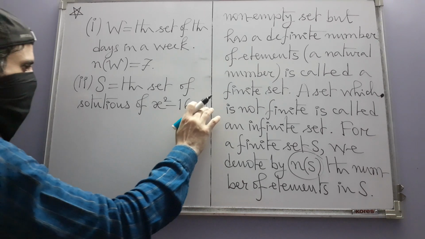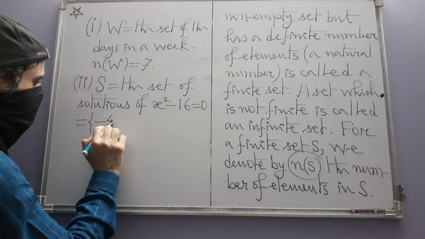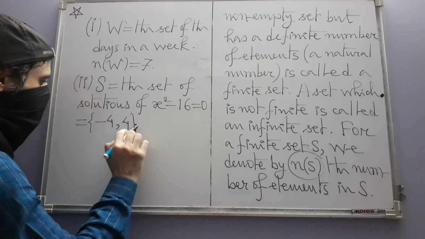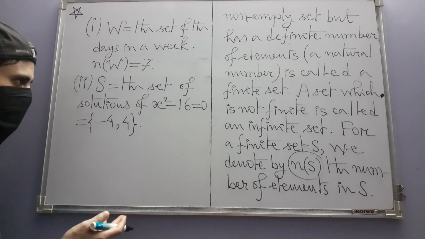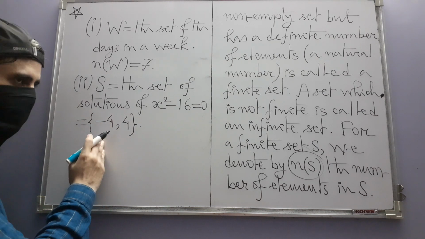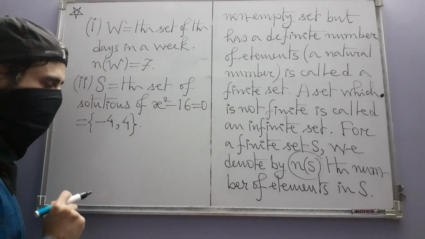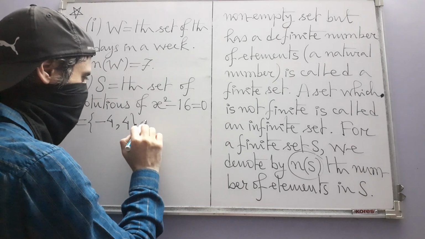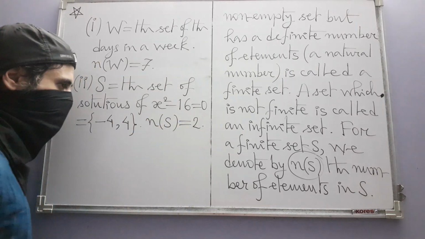So we know what this set is. This set consists of these two elements, minus 4 and 4. So this is also finite because if you start counting minus 4, that is one element, and then 4, two elements, and the counting stops. So it's a finite set with n of S equal to 2.